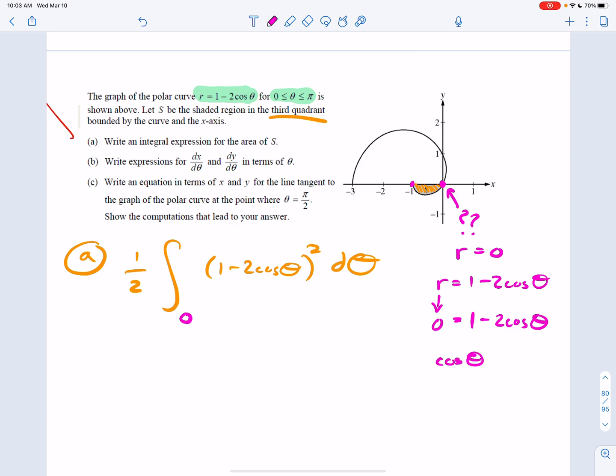Eventually cosine theta will come out to 1/2, and that happens when theta is pi over 3. You could even use a calculator if you're not comfortable with trig ratios there, okay? So you could just graph this and find your zeros. You'll end up getting something that's equivalent to pi over 3.